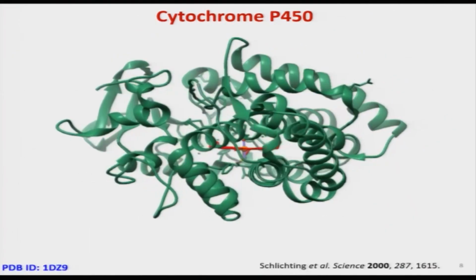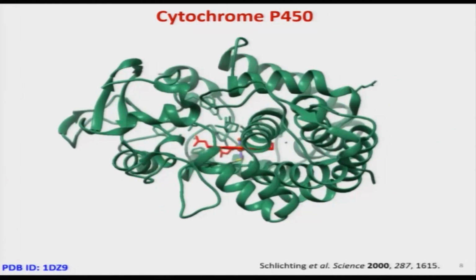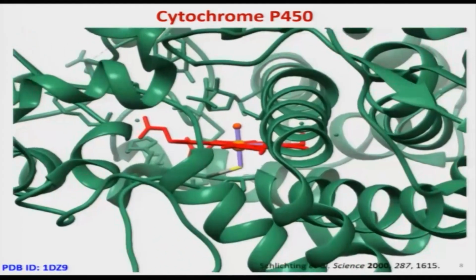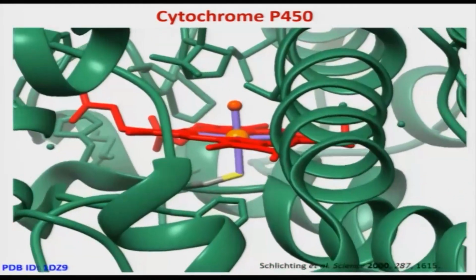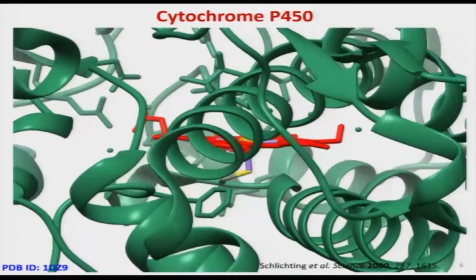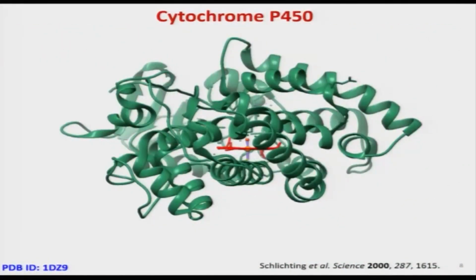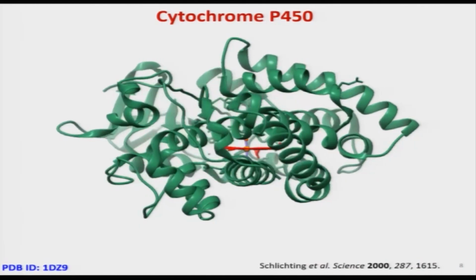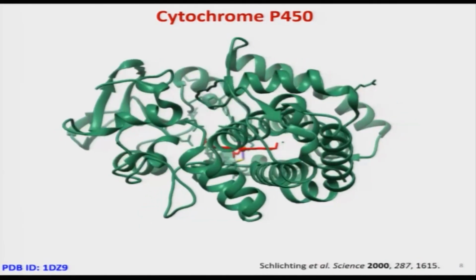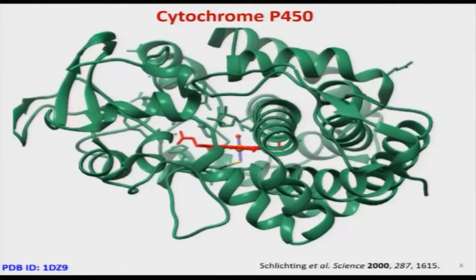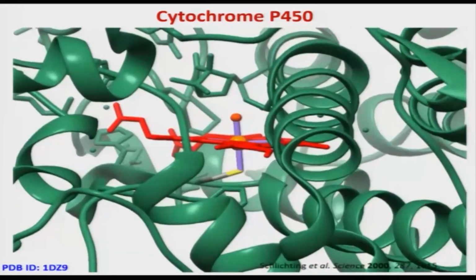This is the protein structure of cytochrome P450. As you can see, at the center there is a heme group, and the fifth position is ligated with cysteine sulfur and the sixth position is ligated with a water molecule.